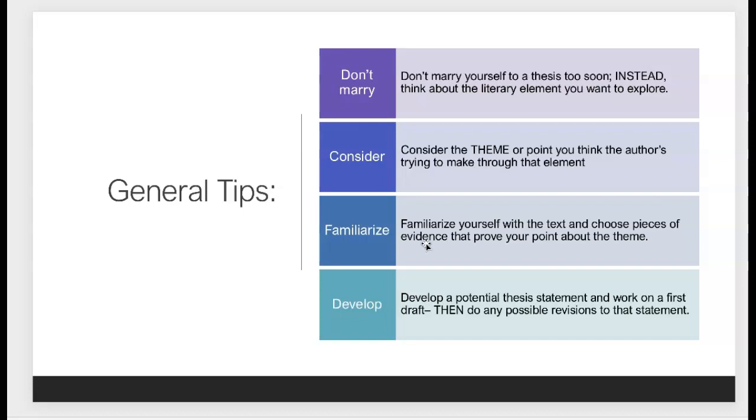You want to pick specific pieces of the text that go along with your analysis, and picking them out of nowhere is not the way to do it. So if you haven't gone through and done a close reading of at least some of the parts, I suggest that you do that for this analysis, because I'm going to look pretty hard at that. And if you can't find evidence, then you may want to go back to the drawing board with these concepts.